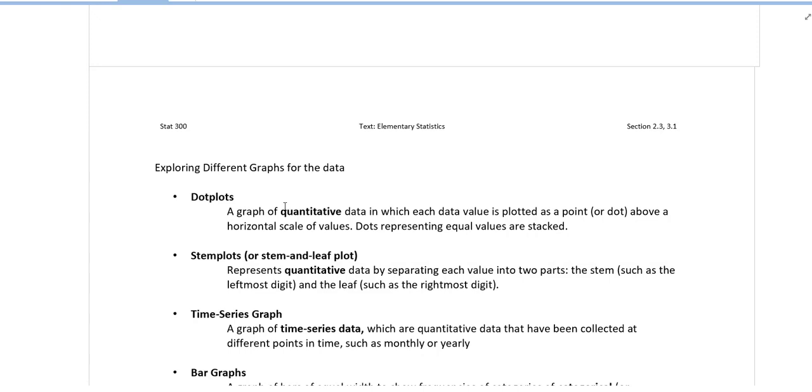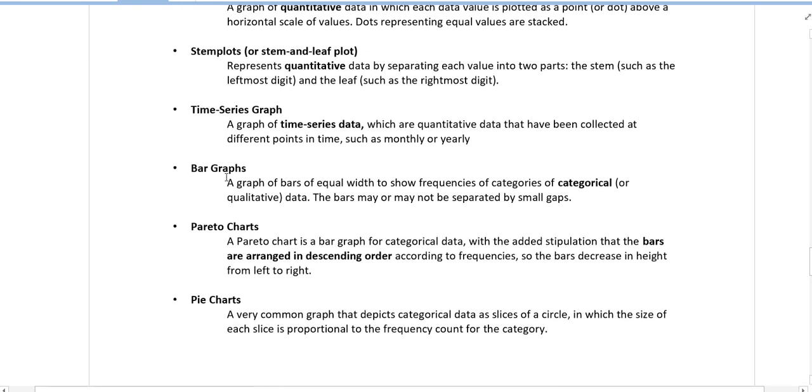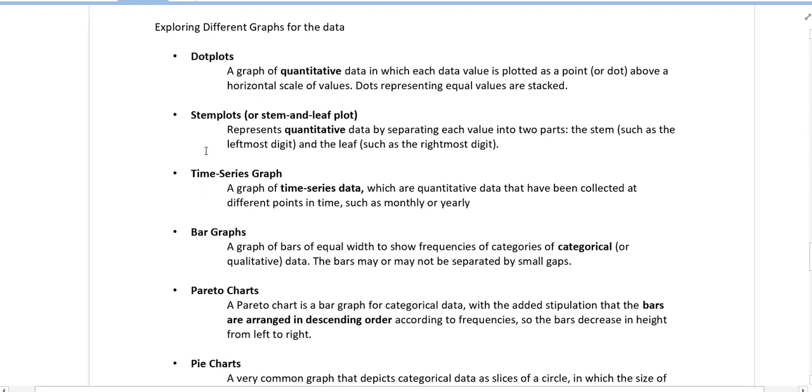But in order to study and make all your analysis, you're using the dot plot, most likely. And for categorical data, bar graphs. And then we still can use dot plots and then pie charts to present the data. So let's take a look at some of these.